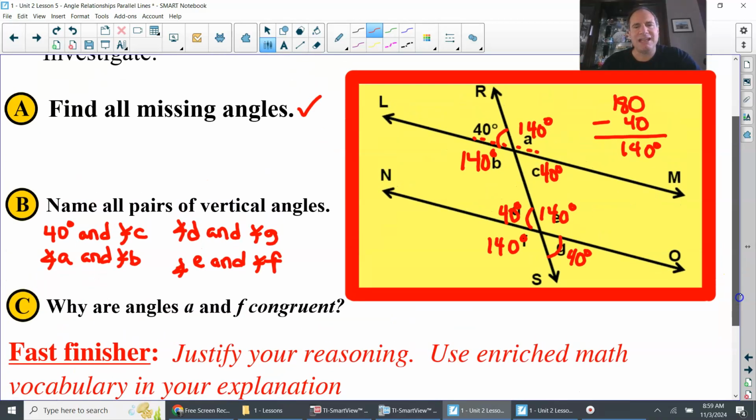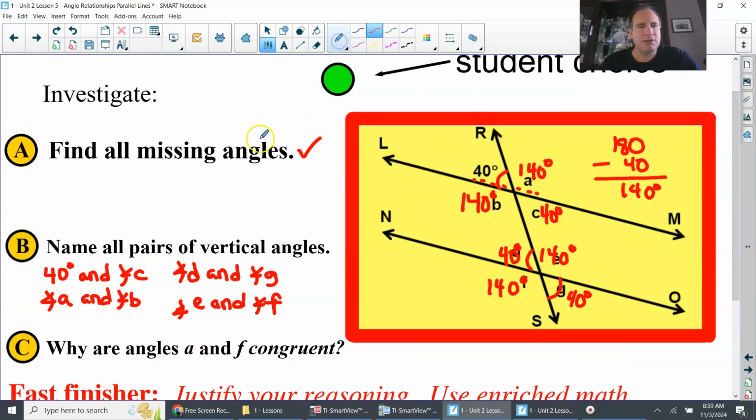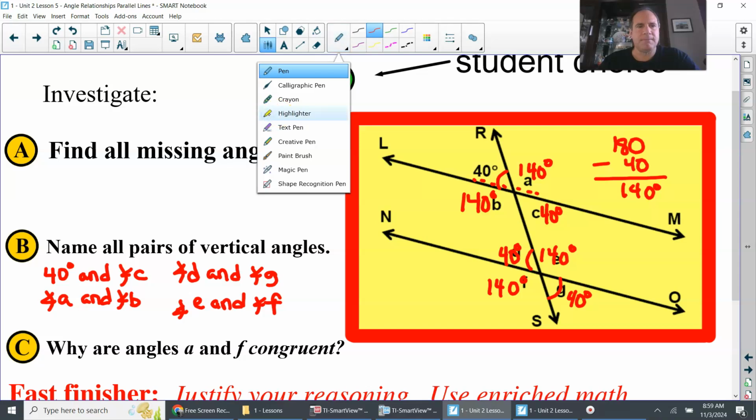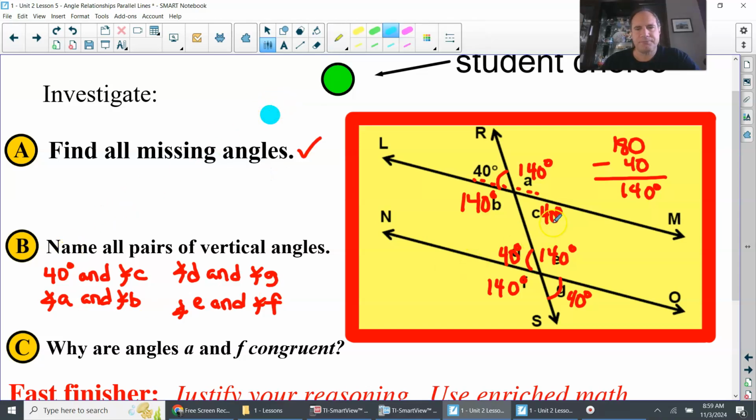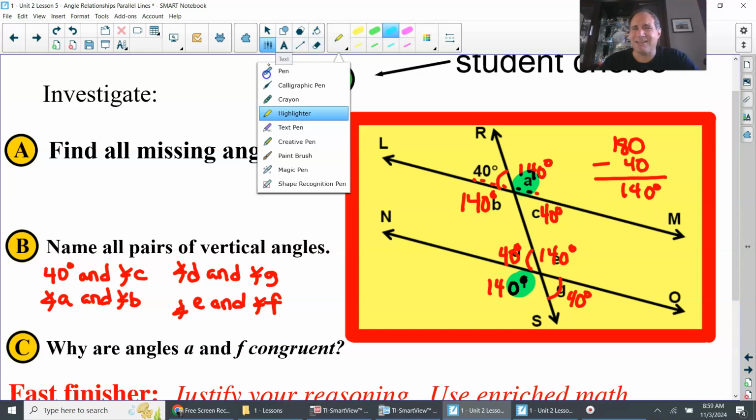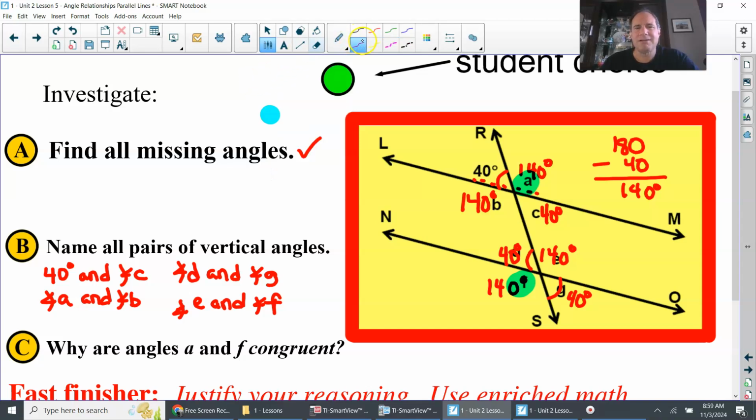Why are angles A and F congruent? So I'm just going to go ahead and grab my highlighter because I want to make sure that I'm not confused about any of this. So angle A, that's what they want right there, and F. Take a look at those angles and see if you can think about what the relationship between those angles is.